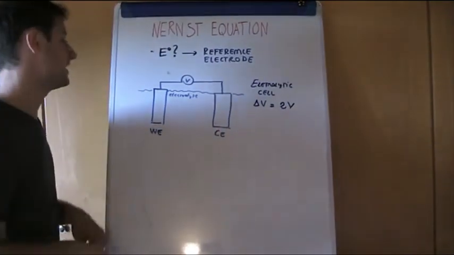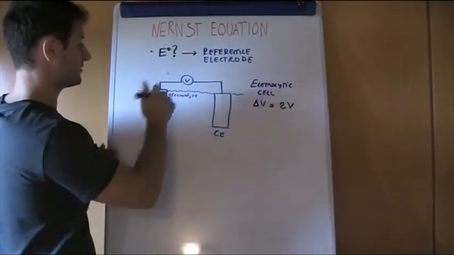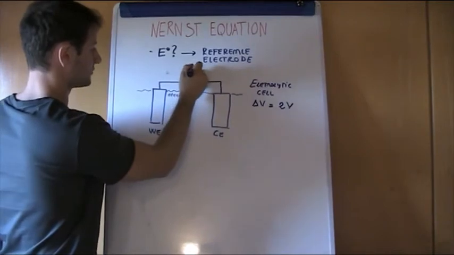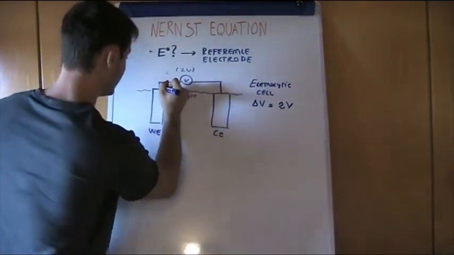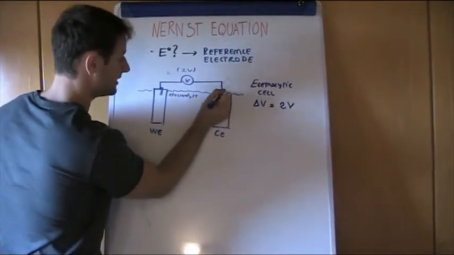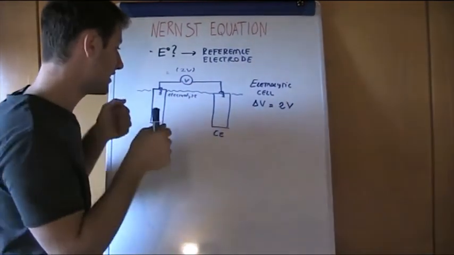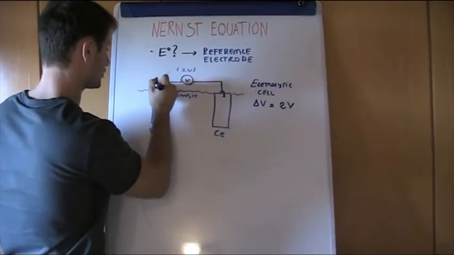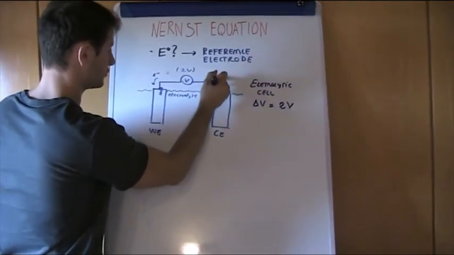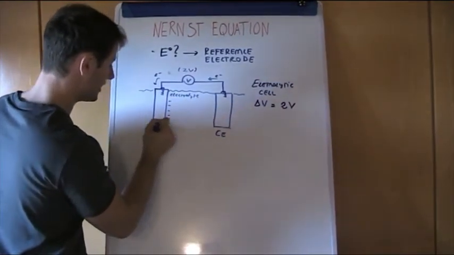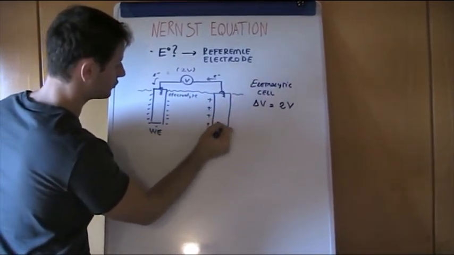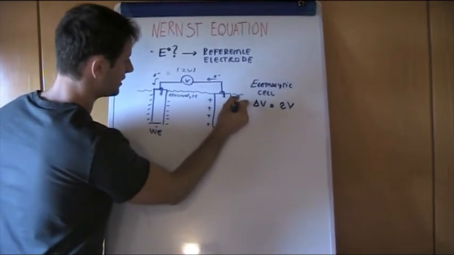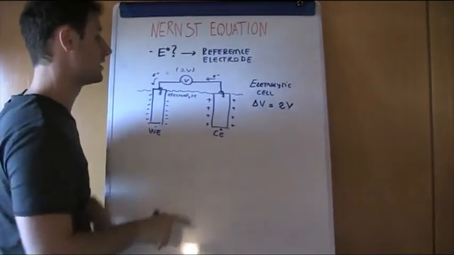So we take our instrument, we clip one electrode, we clip the other one, and we promote, for instance, the generation of current in order to induce a polarization here and a positive polarization here, in order to create a potential difference between these two electrodes equal to 2 volts.